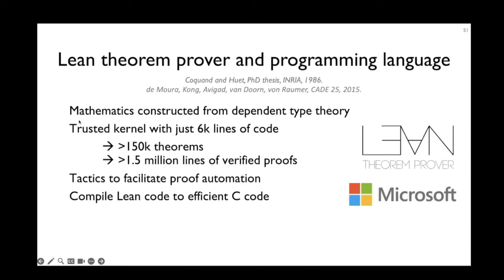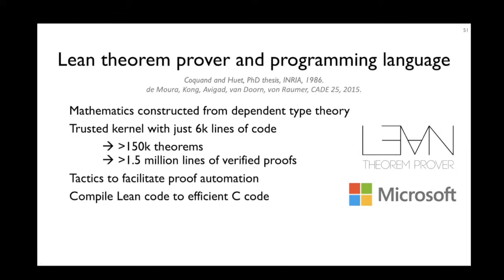The reason it's called Lean is because the kernel of this, the core of Lean, only has 6,000 lines of code. Just like I was describing before with set theory, you start with these 6,000 lines of code and you write things outside of that trusted kernel, and then you use that kernel to prove that the stuff you wrote outside of it is correct.